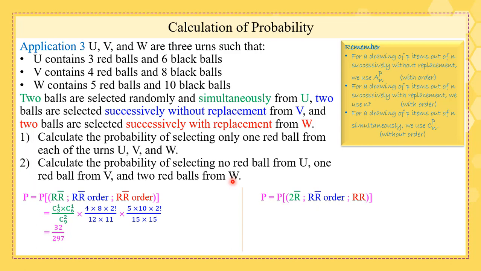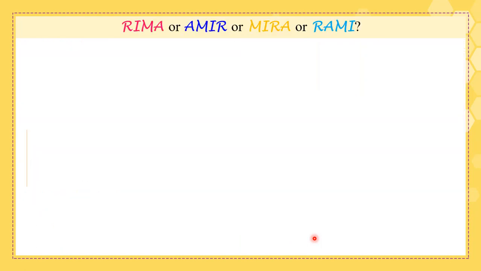And 2 red balls from W means red, red. And we have to respect the specification of each case. This is a combination, this is an arrangement, and this is a power. This is what we get. In fact, this question summarizes all the different cases that we saw till now in probability.